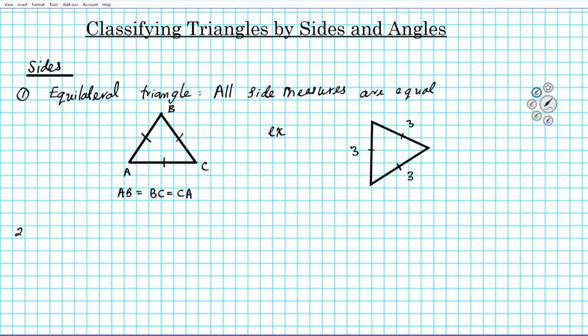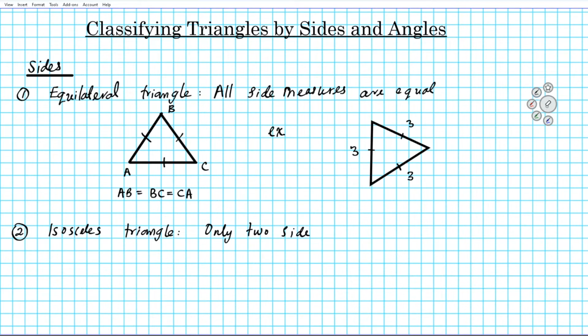All right, the second classification by sides is isosceles. Isosceles triangle. How does this work? Well, for an isosceles triangle, you have a situation where only two side measures are equal.